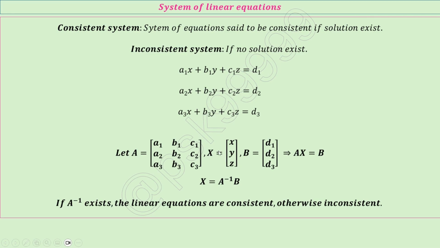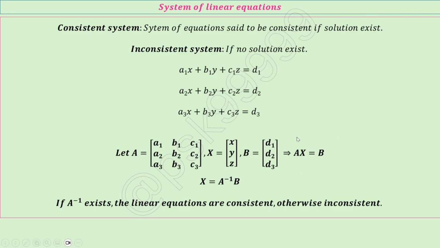Then the variables in a column matrix X, and then the RHS results into another column matrix B. If I do AX equal to B, I actually get the same three equations: a1 into x plus b1 into y plus c1 into z equal to d1. Same equations I get back, so I am representing them in matrix form.